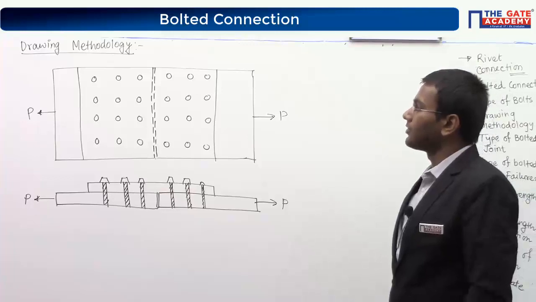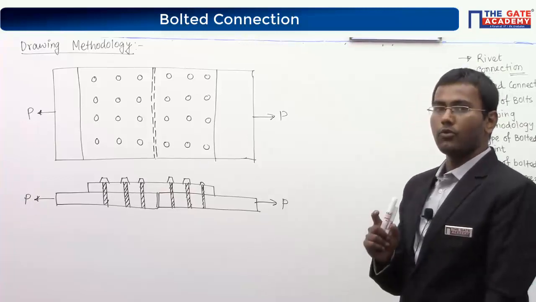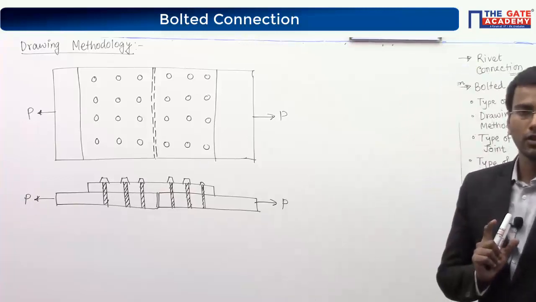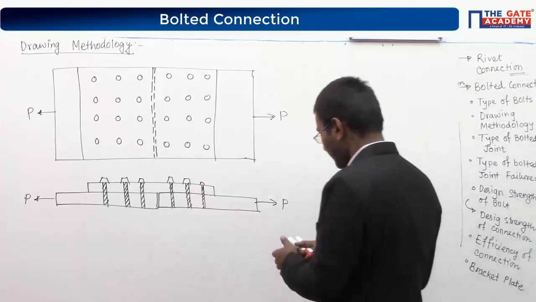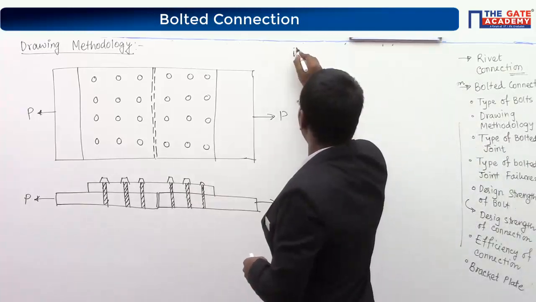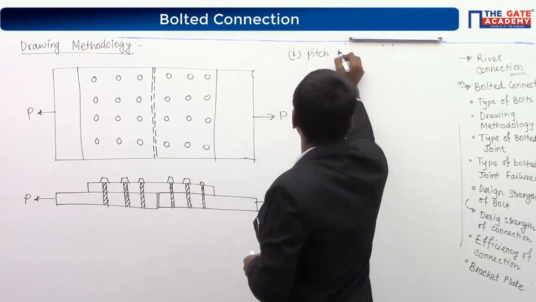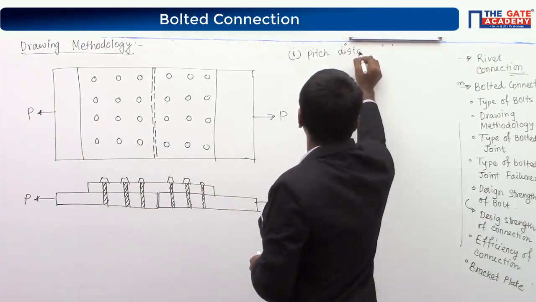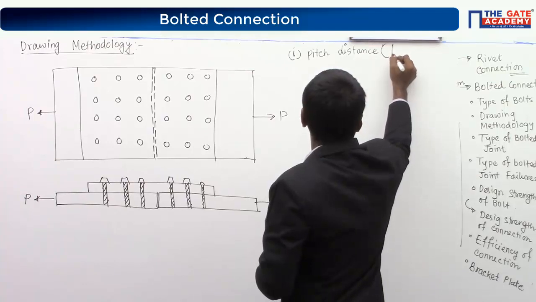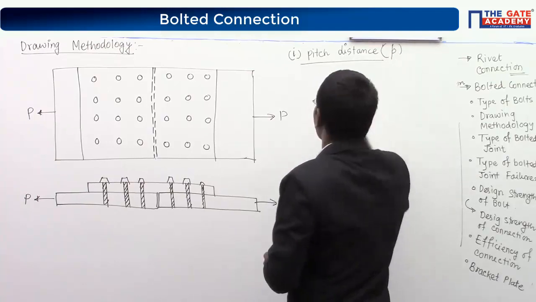So in drawing methodology, I have to know a few terms. What are the terms? First one, pitch distance. Write down the first term, pitch distance. This is denoted by small p.